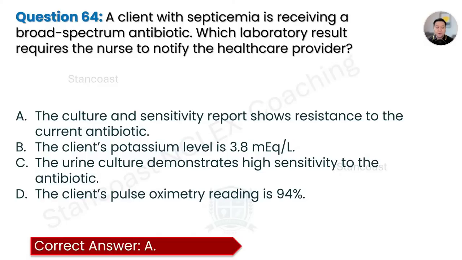And so what we need to do here is to look for the words resistant and sensitivity. We know that whenever there is that word resistant, something is wrong with the antibiotic. So this requires action, and also high sensitivity: the antibiotic is effective. So this is a good result.